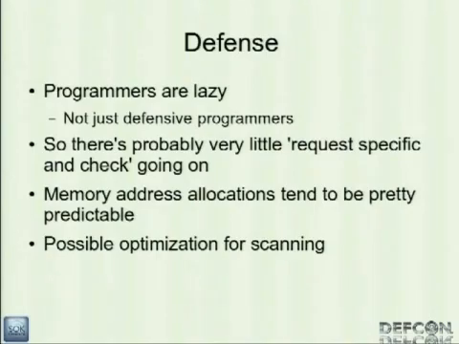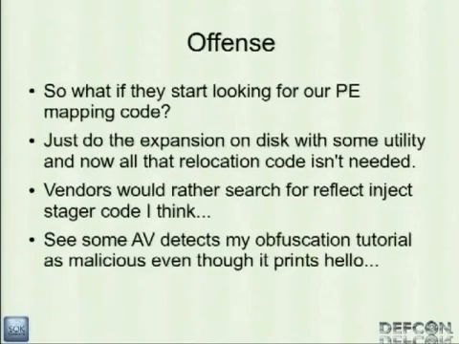Most of them just request that you allocate a certain size, and you get contiguous pages in memory, and the base of those pages tends to be pretty sequential. So if you wanted to optimize your scanning for where reflectively injected DLLs might be, one way from a defensive perspective would be to intentionally insert yourself into another process, see where the allocation happens, and then work backwards from there, so that you're not trying to scan all of memory all the time. Just a possible optimization.